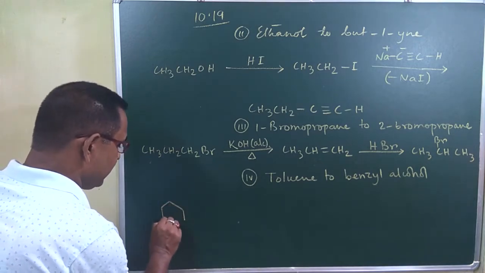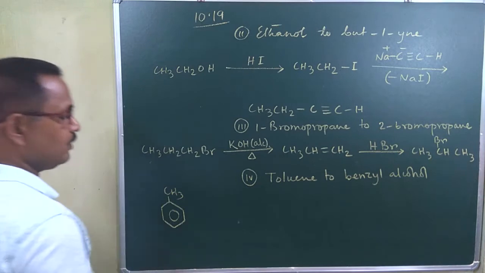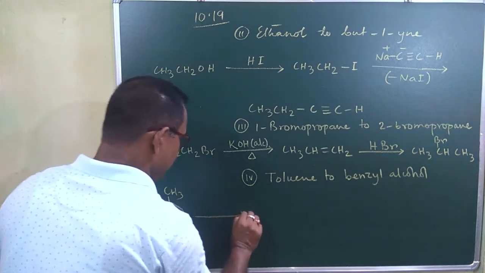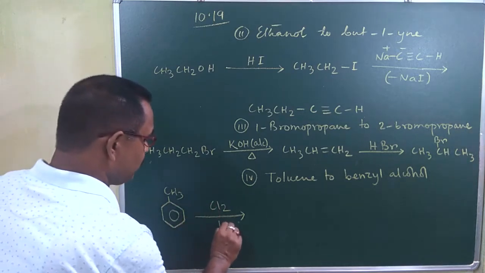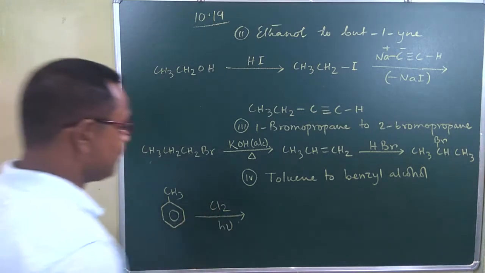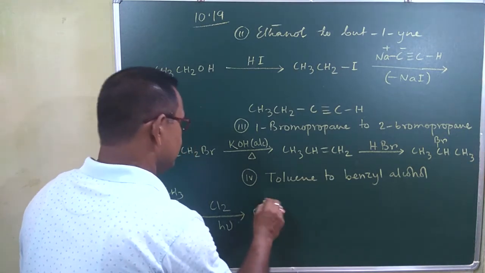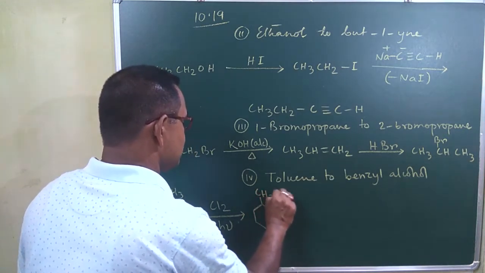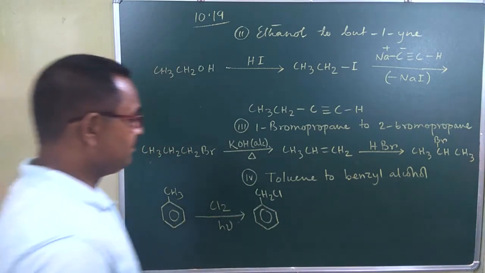Toluene means methyl benzene. This is toluene. Allow it to react with chlorine in diffuse sunlight. What will happen? You will get CH2Cl, benzyl chloride.